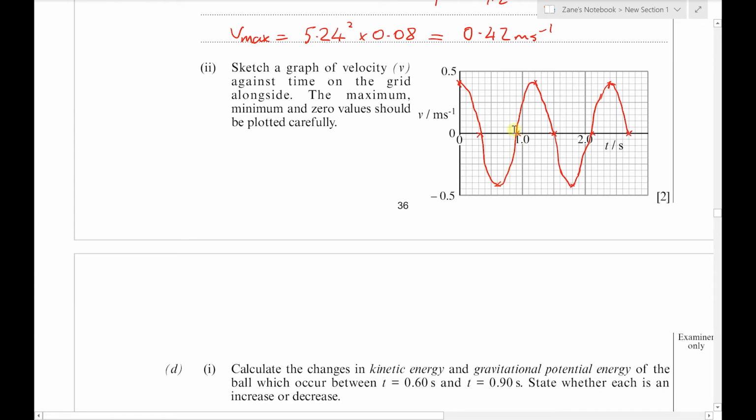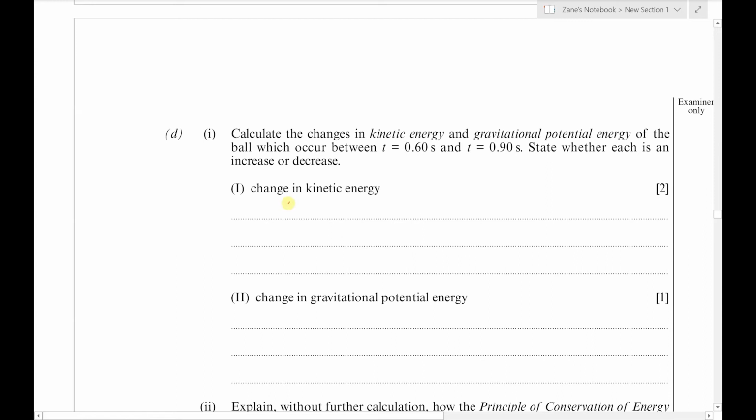So it's going to lose all of its kinetic energy between 0.6 and 0.9 seconds. So the change in kinetic energy is going to be a half times the mass of 0.4 times the velocity of 0.42 roughly meters per second squared, take away 0.